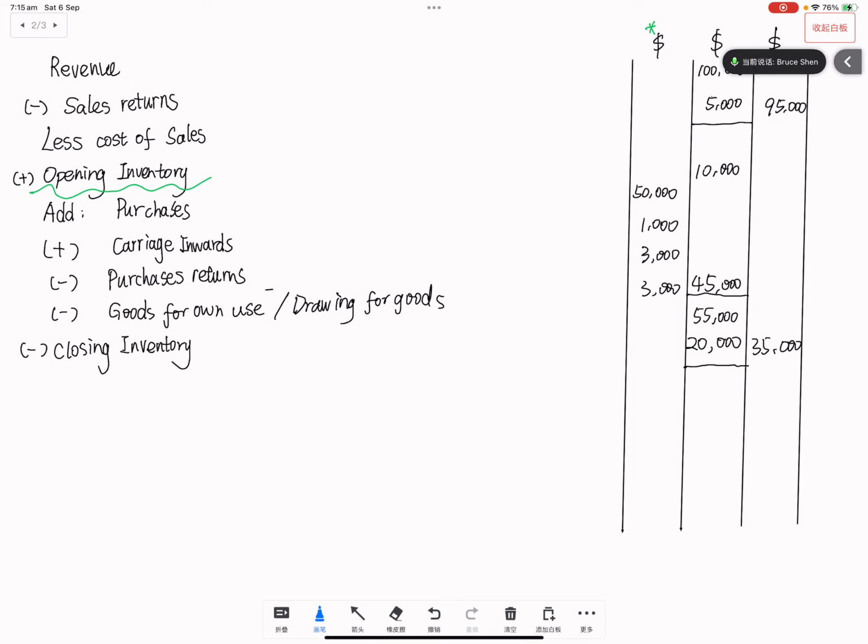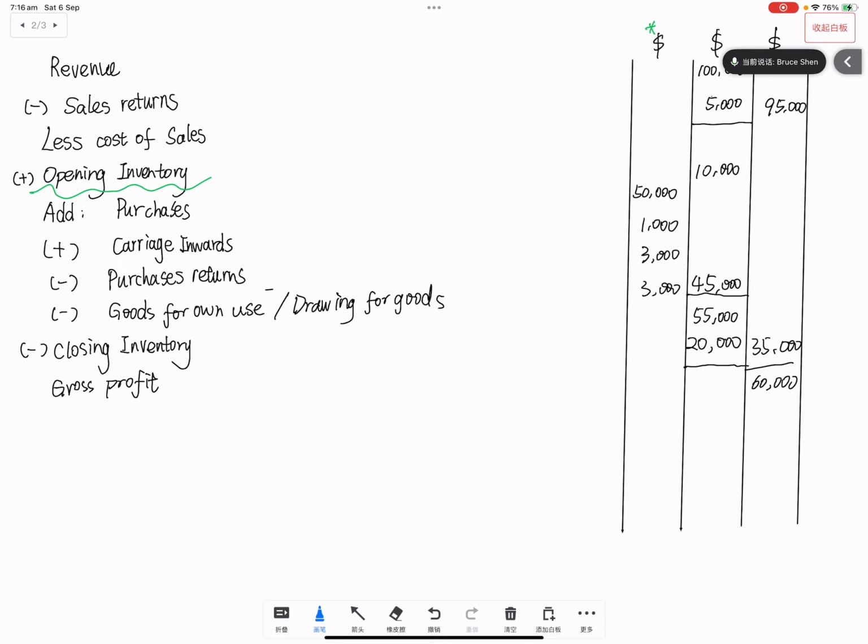We can get a figure 60,000 here. So this is gross profit. But if we get a negative figure here, we just simply write it as gross loss. Okay, so this is the statement prepared.